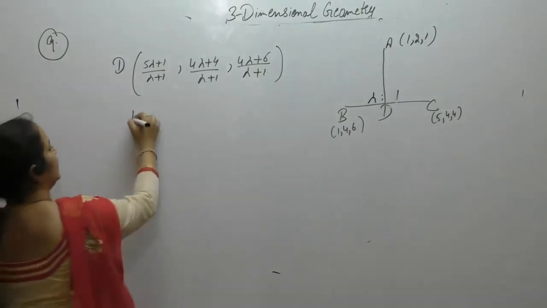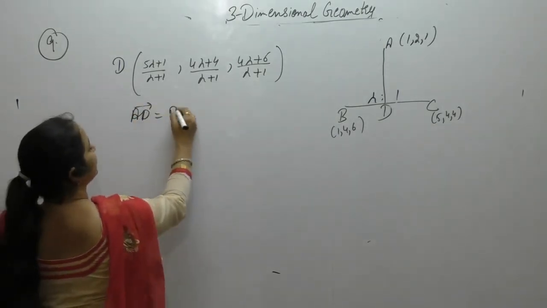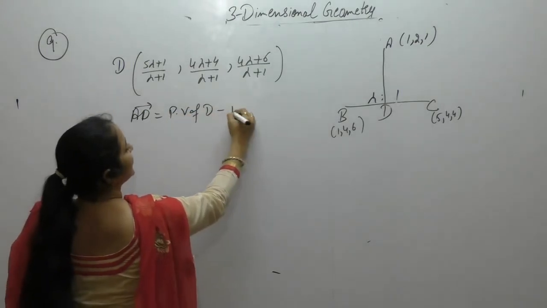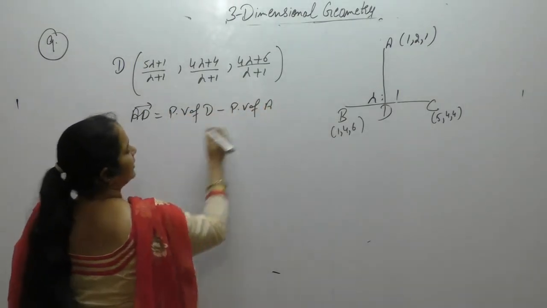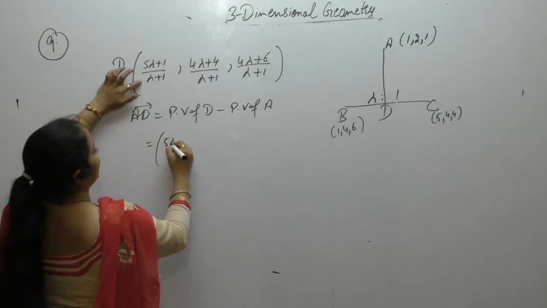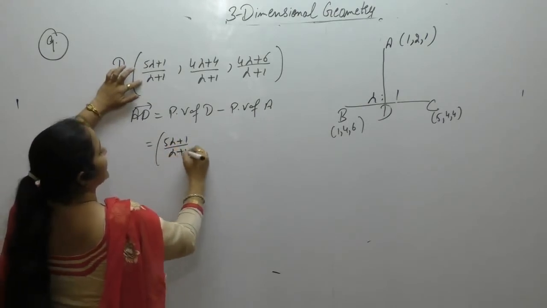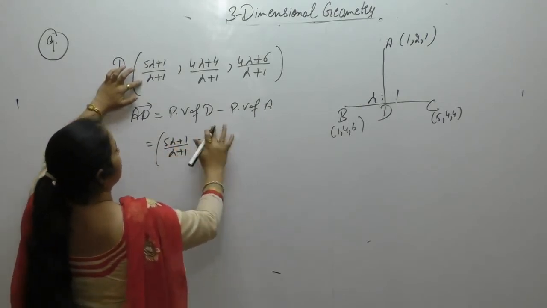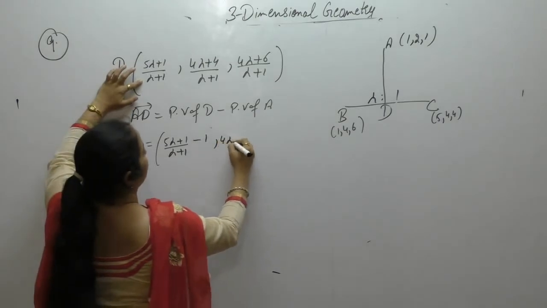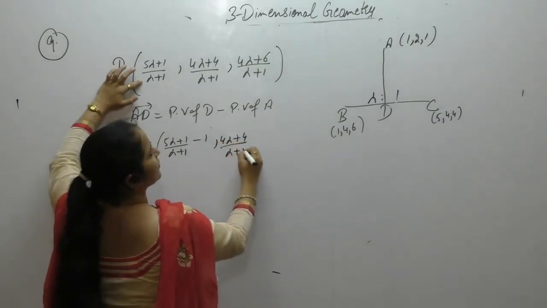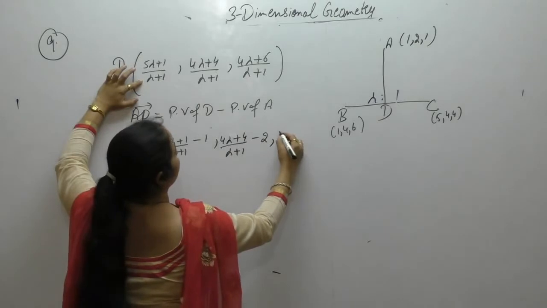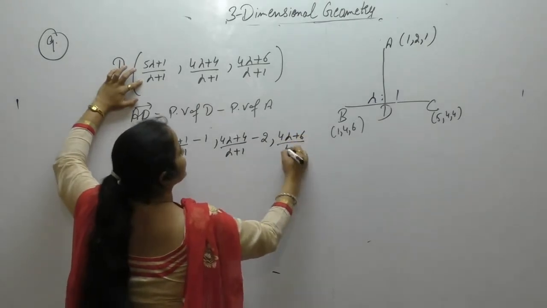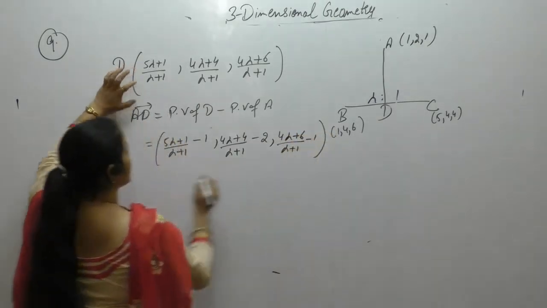Now AD vector is position vector of D minus position vector of A. D के वेक्टर हमारे पास क्या है? 5 lambda plus 1 upon lambda plus 1 minus 1. Position vector of D, 4 lambda plus 4 upon lambda plus 1 minus 2. Coordinates of A, 4 lambda plus 6 upon lambda plus 1 minus 1.